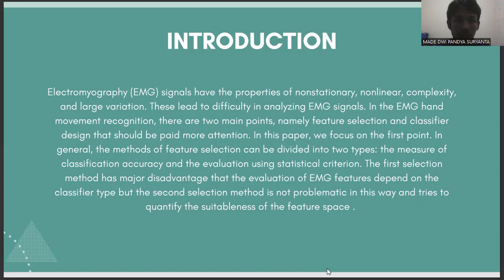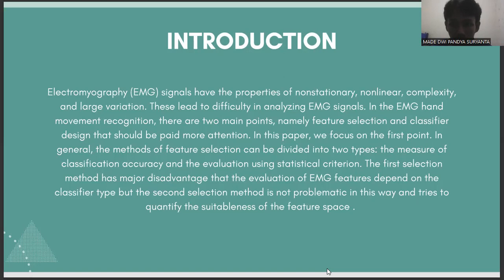In general, the methods of feature selection can be divided into two types: the measure of classification accuracy and the evaluation using statistical criteria.